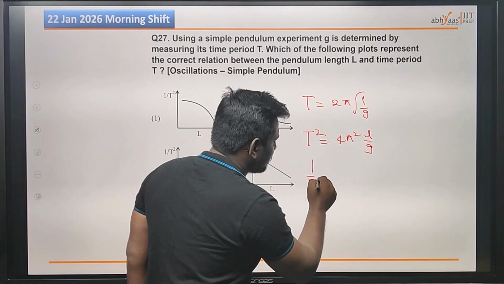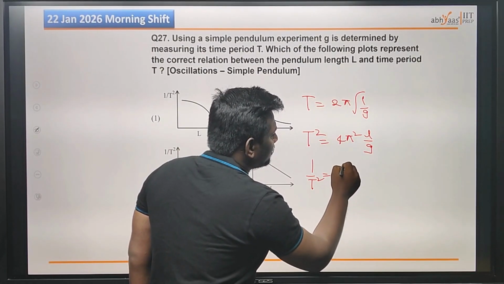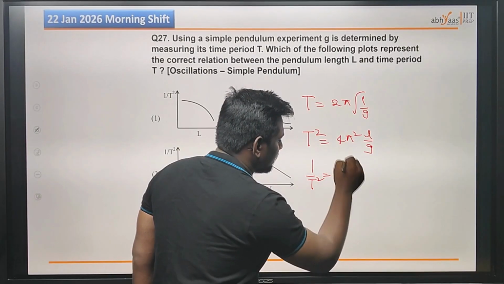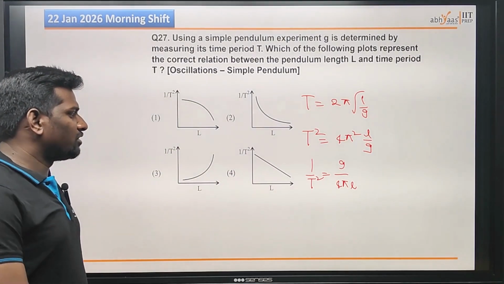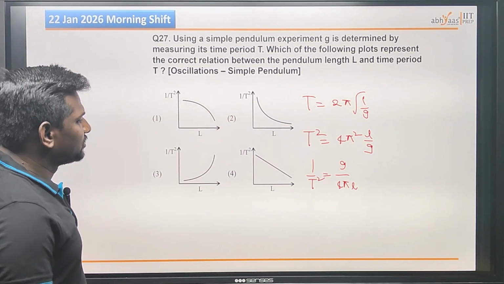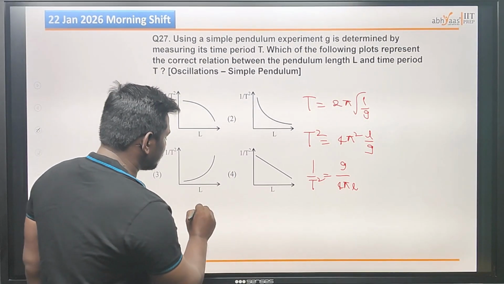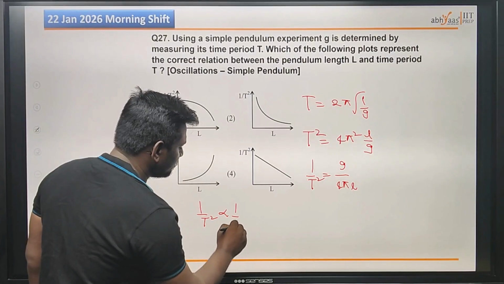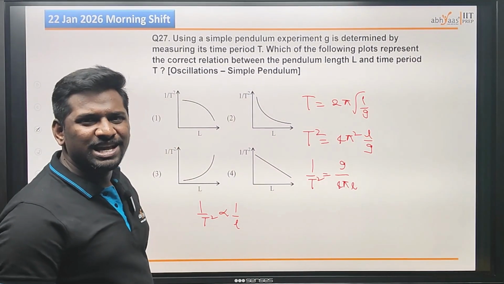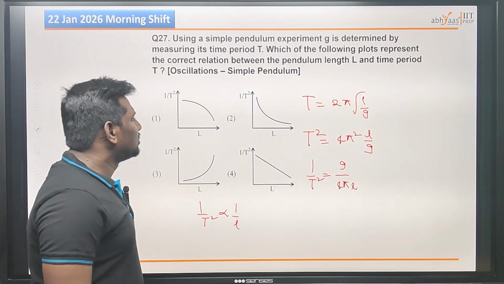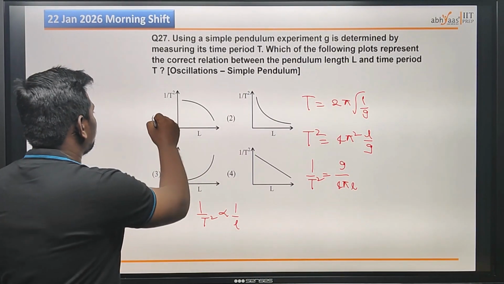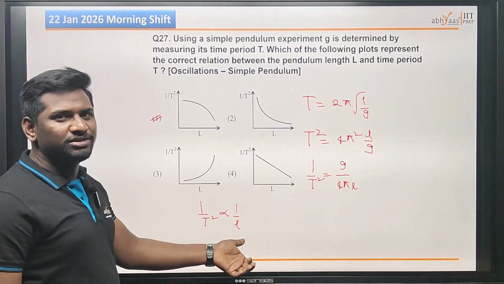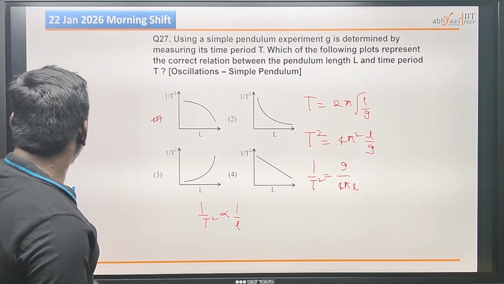So 1 by T square can be written as g by 4 pi square L. So if you observe here, 1 by T square is inversely proportional to length. So the first graph is your right answer. It is inversely proportional to length.